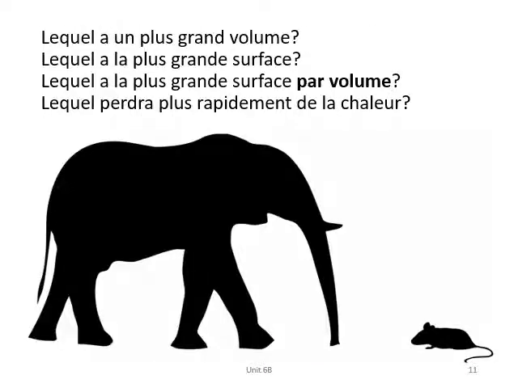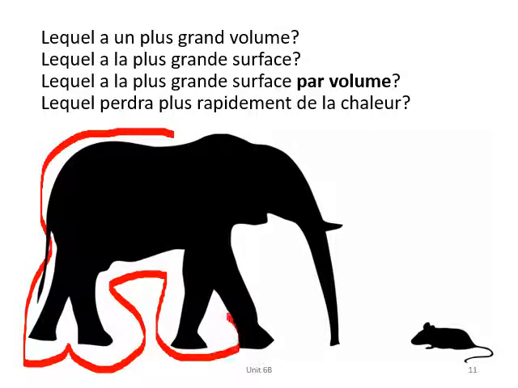Let's use a real-life example of an elephant and a mouse. Which one has the larger volume? But which one has more surface area? Well, the elephant has both larger volume and more surface area than the mouse. But let's look at the relative surface area to volume.